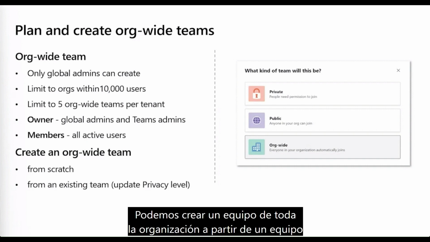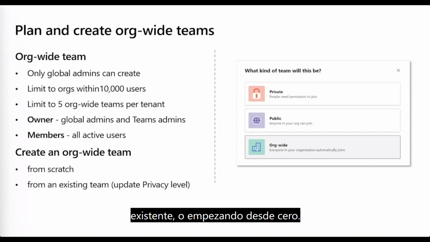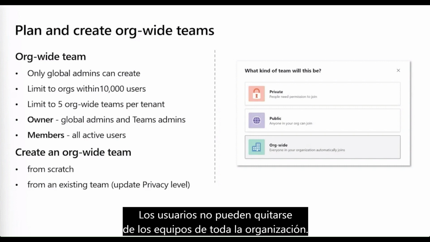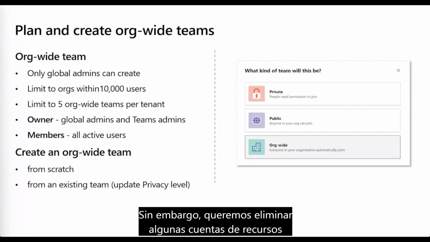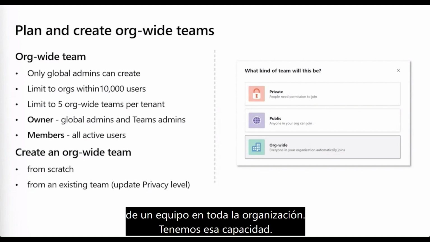We can create an org-wide team from an existing team or starting from scratch. Users cannot remove themselves from org-wide teams. However, we do want to eliminate some resource accounts that may have crept into the list of users in an org-wide team. We have that capability.